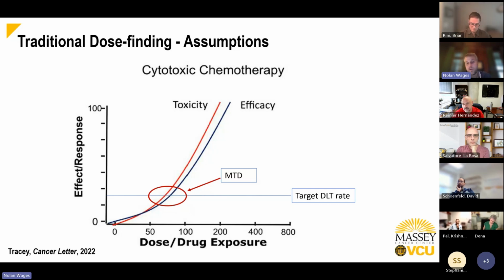But that dose has also given us the most promising outlook for efficacy, which is one of the reasons efficacy has historically not been used in this phase of development as an endpoint to drive dose allocation, but it's been based primarily on safety. So this assumption, in the classic sense, is driving the design of dose finding trials and really is geared towards cytotoxic chemotherapy. And again, we're going to relax this assumption later in the talk.